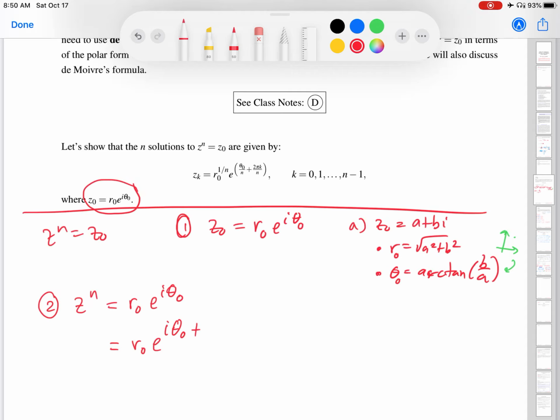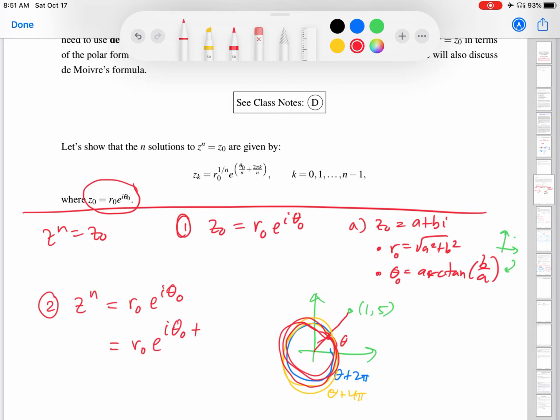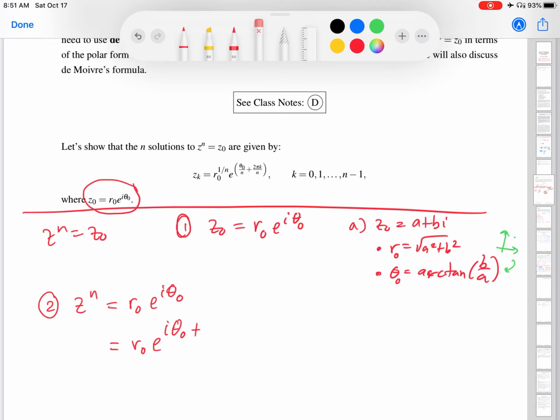When I determine the theta value for one of these points in the plane, let's say the point 1, 5, whatever the theta value is there, I won't calculate it. It's the same theta value as if I added 2 pi to it, so this is theta plus 2 pi. It's the same as if I went around twice, so this is theta plus 4 pi. This is all going around in the positive direction. It's exactly the same if I went around in the negative direction, or twice in the negative direction. So I have a lot of freedom and multiplicity in the actual angle.